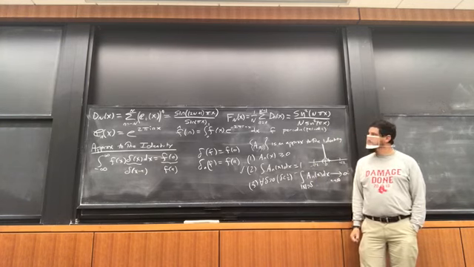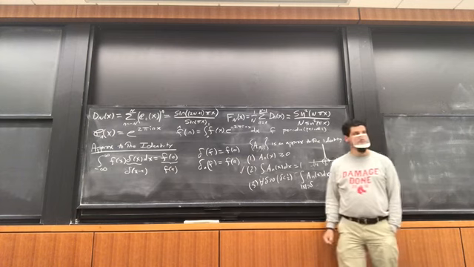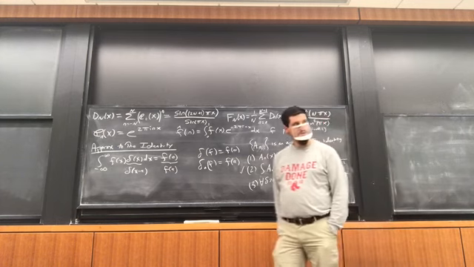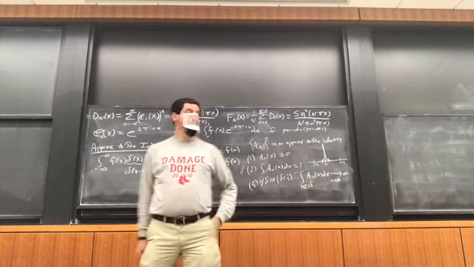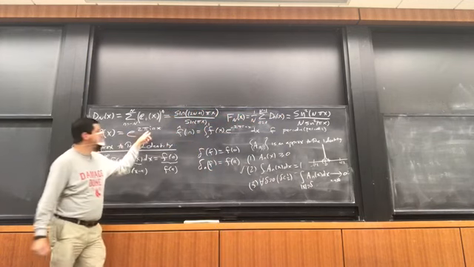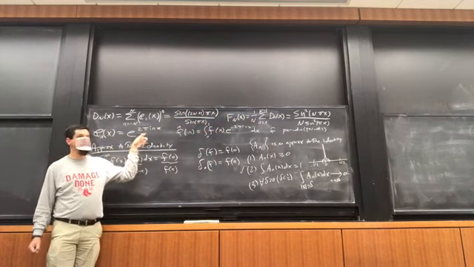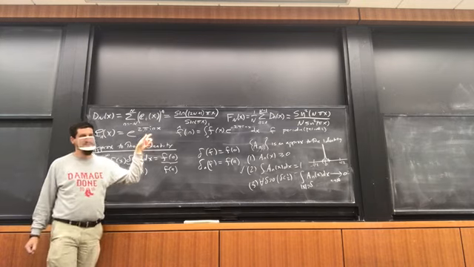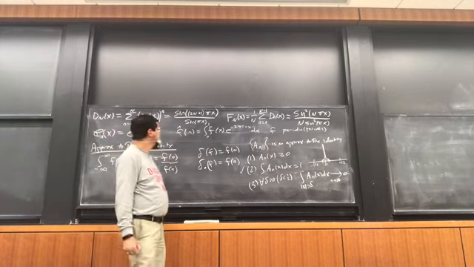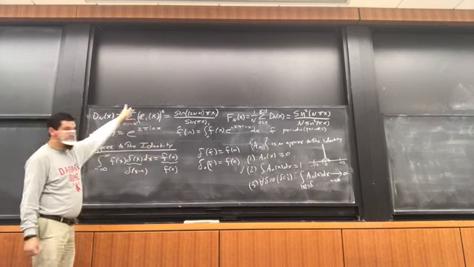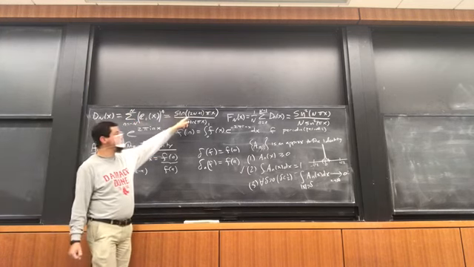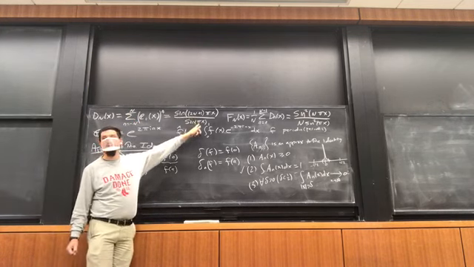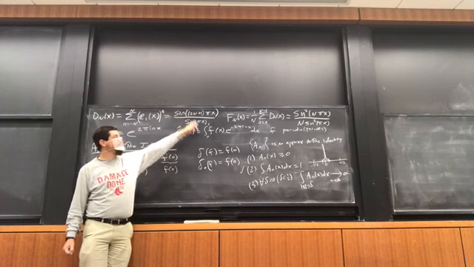Remember, e^(2 pi i n x) is cosine 2 pi n x plus i sine. We have the sum, but we also have the fact that it's sine of (2n plus 1) pi x over sine of pi x. Can you give me an x where this is negative?